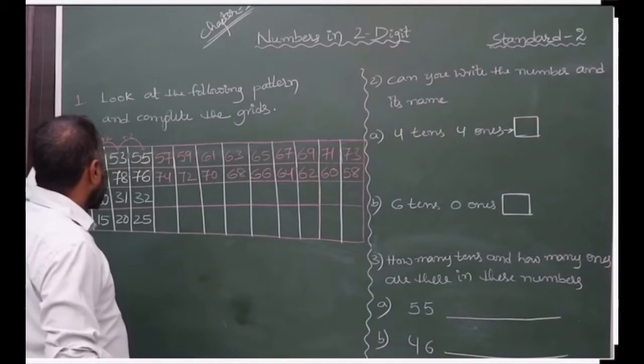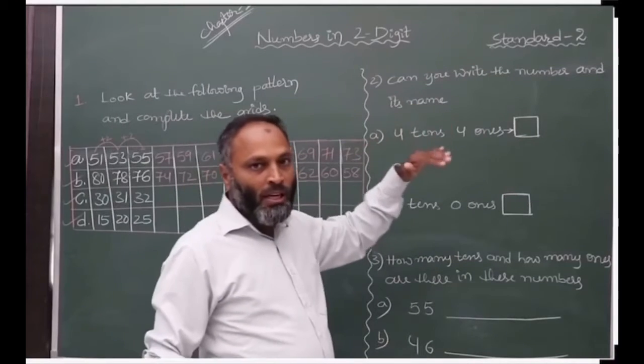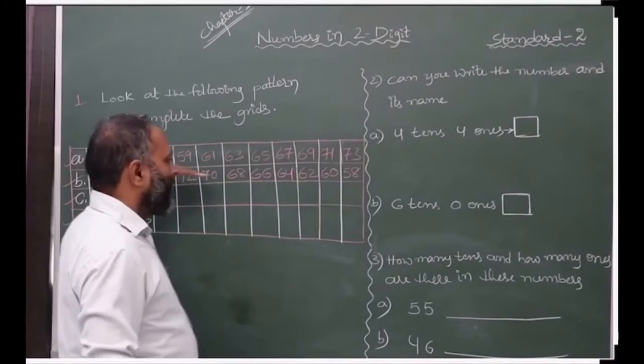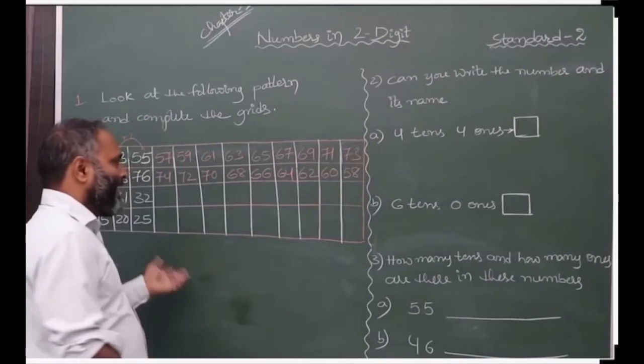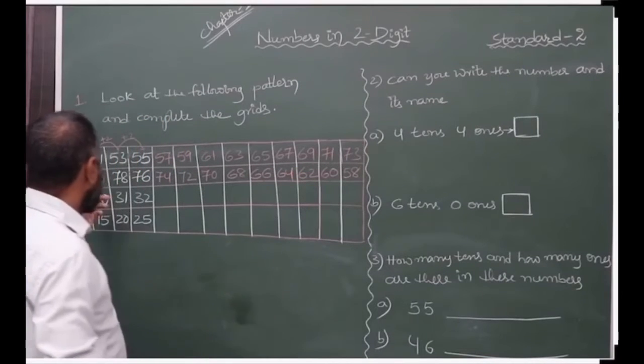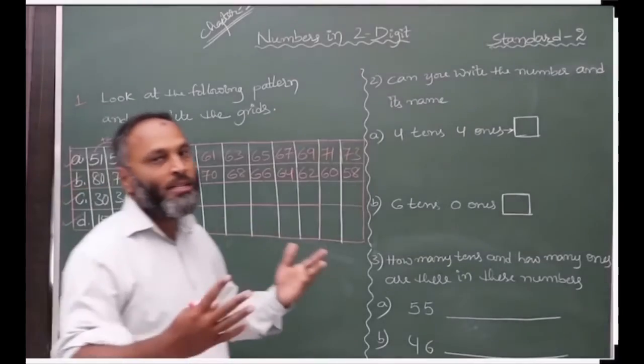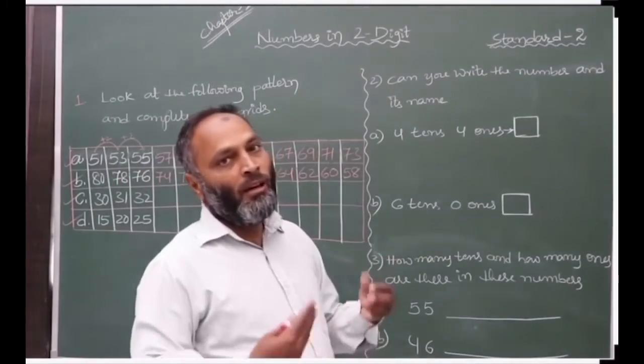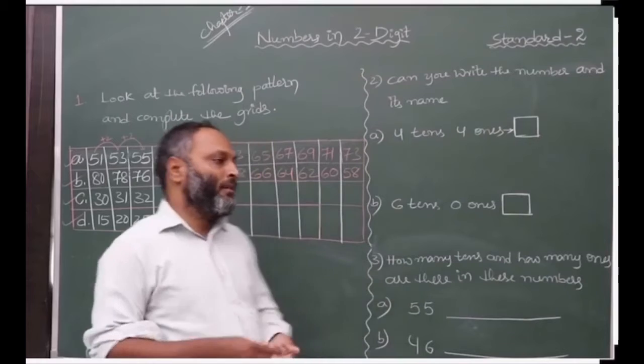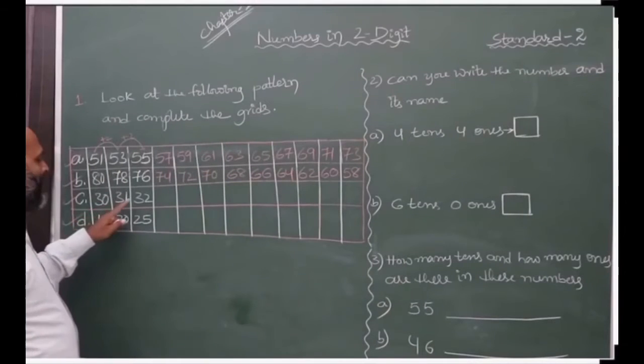Again, in the first one we increase 2, and in the second we decrease 2. So in the same pattern, first we have to check whether we are increasing or decreasing. According to that we decrease or increase. Here 30, 31, 32.